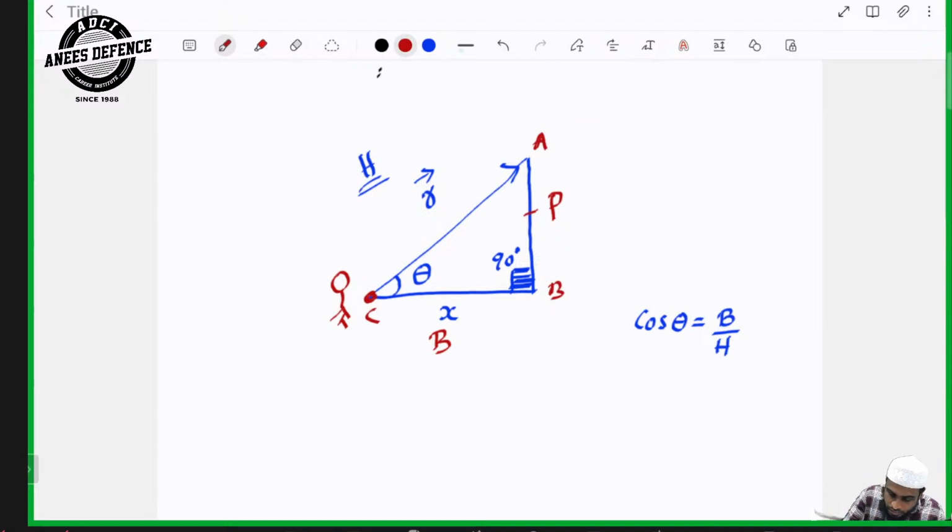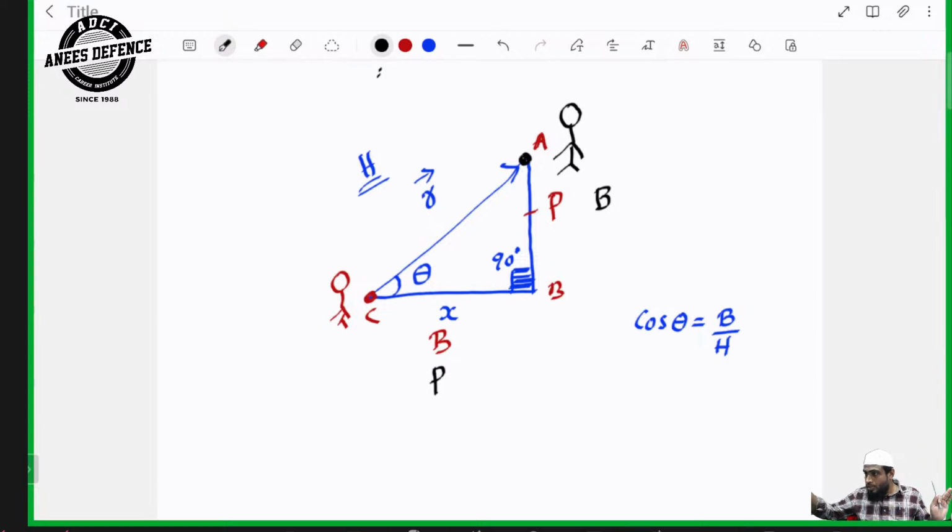Suppose I am standing here, now I am on this point. Hypotenuse is fixed, but my opposite will be here and base will be here. Say you are sitting on my right side and I am sitting on your left side, but we are both in this room.